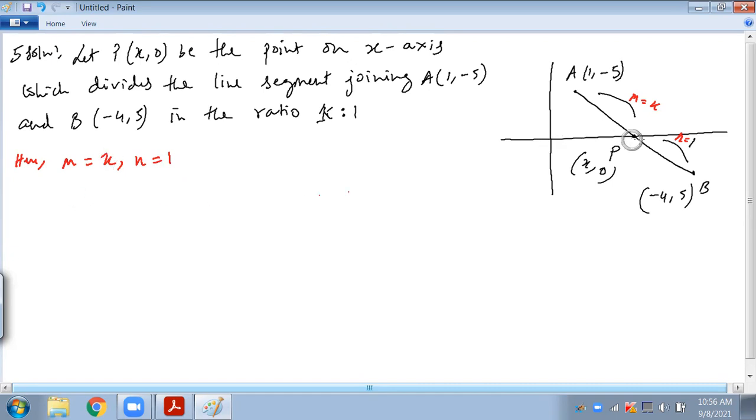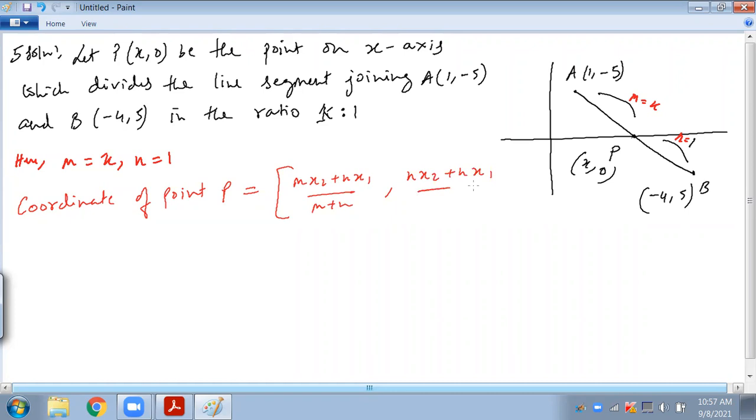Now, since we know the ratio and the point P, we can take the coordinate of the point P with the section formula: (m x2 plus n x1) by (m plus n), and the y coordinate will be (m y2 plus n y1) by (m plus n).